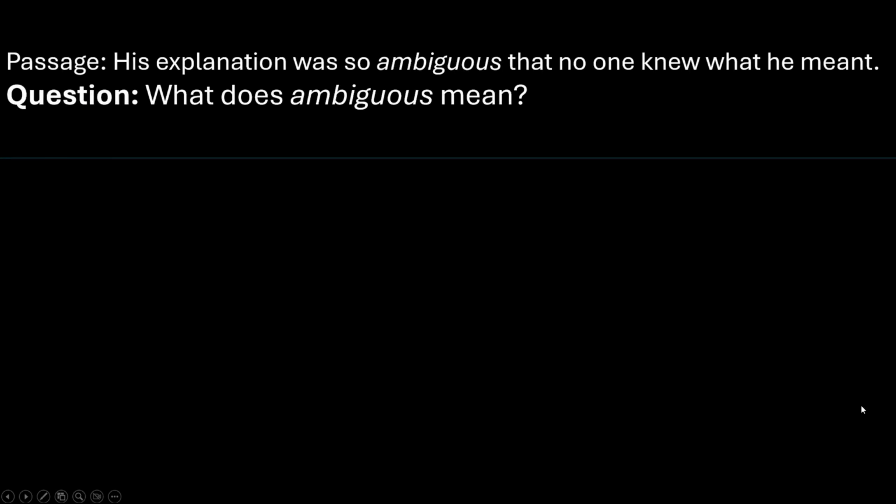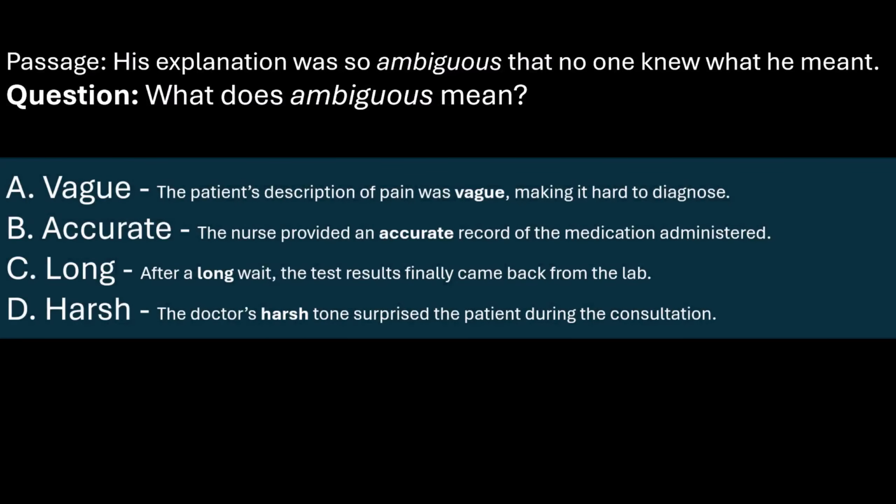So the passage 9, his explanation was so ambiguous that no one knew what he meant. What does ambiguous mean? So let's see the options: vague, accurate, long, harsh.